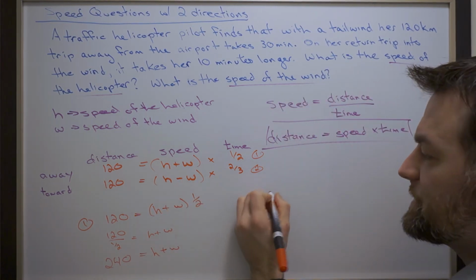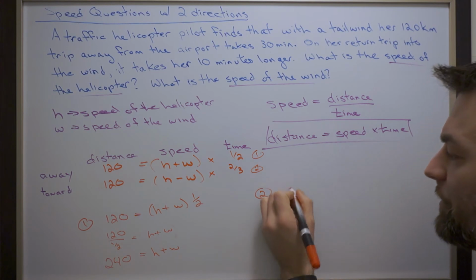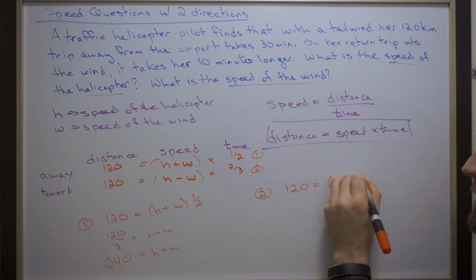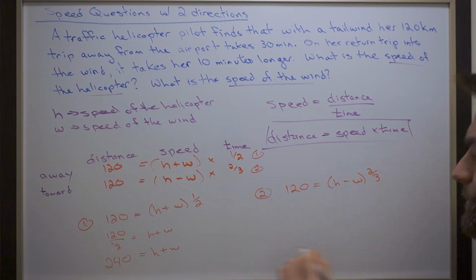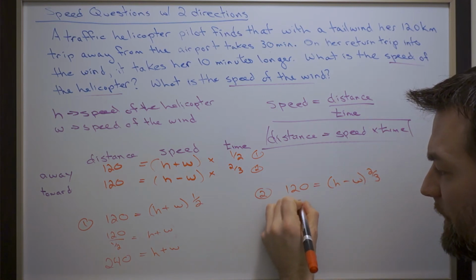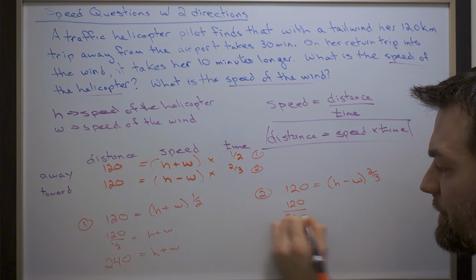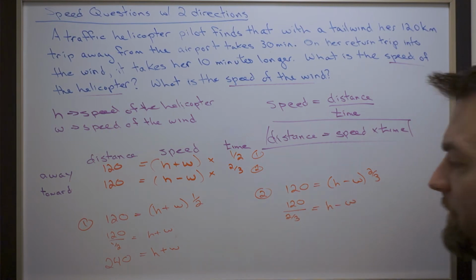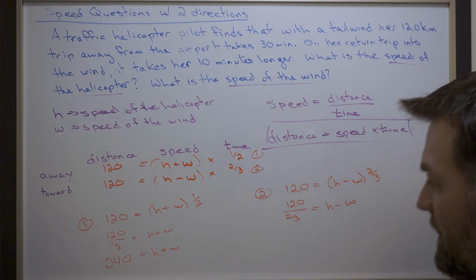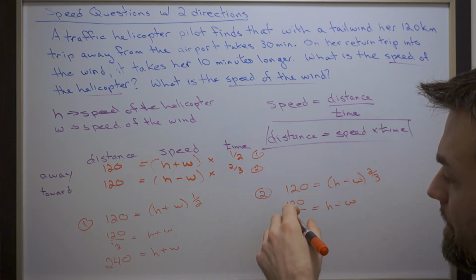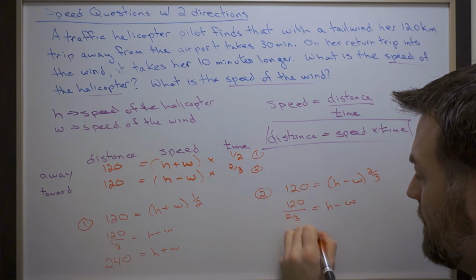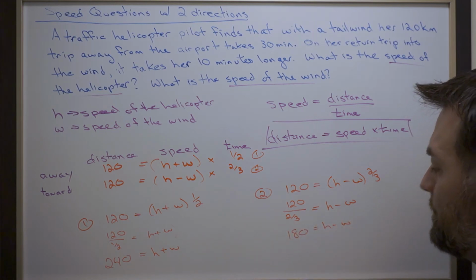And if I rearrange the second equation there, I have 120 equals h minus w times 2/3. So 120 divided by 2/3 is equal to h minus w. And so 120 divided by 2/3 is going to give me 180 equals H minus W.